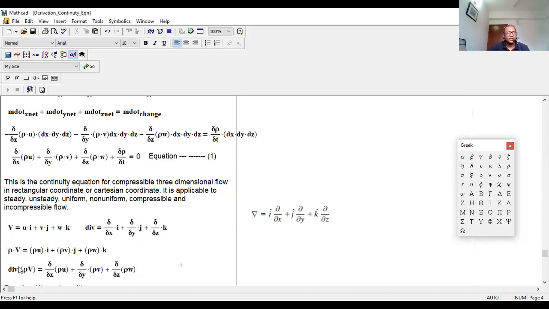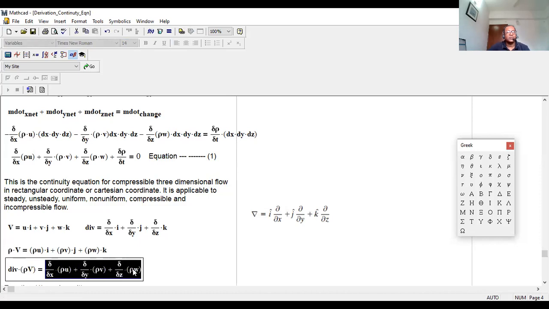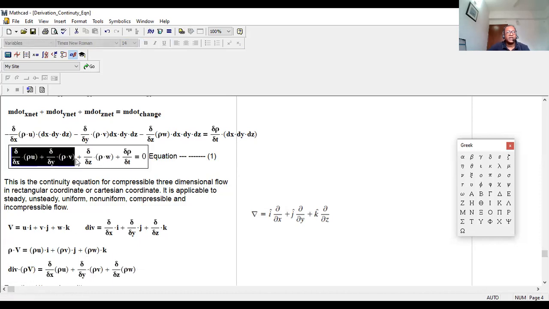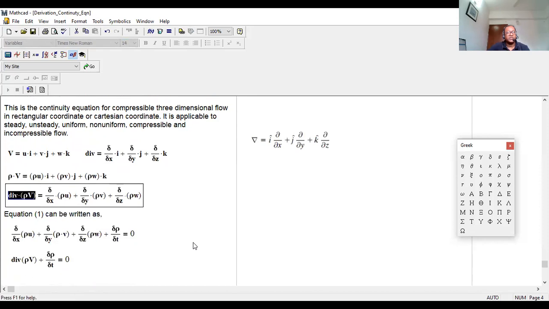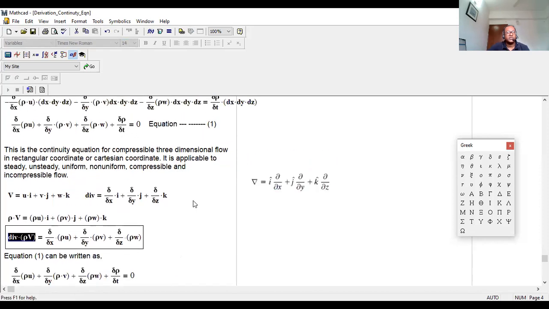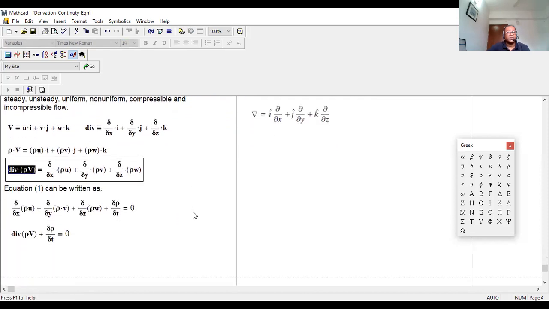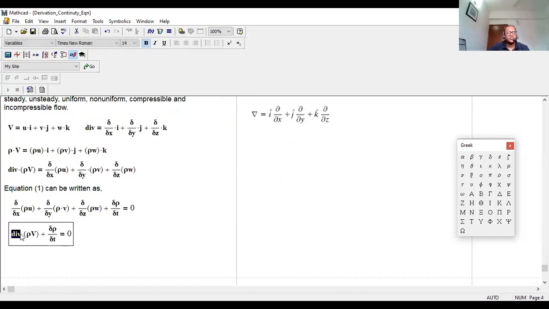Now, this vector, this one, del and the rho V, you make the dot product. Then you get this one. Now you see the left side of this term I can replace by this one. So equation 1, that means this equation, I can write down this way.